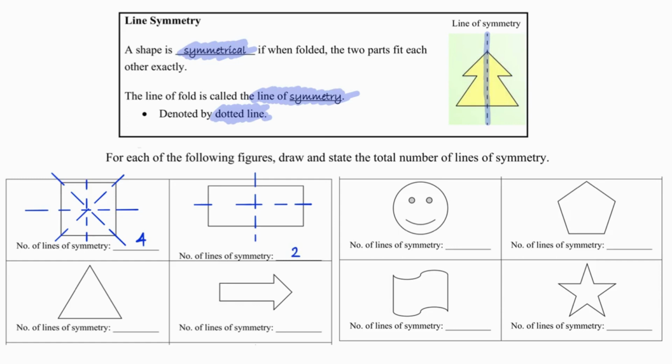As for an equilateral triangle like this, where the 3 sides are equal, there is 1, there's another one here, and there is a third one here.